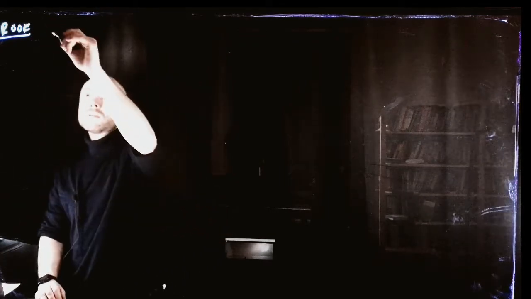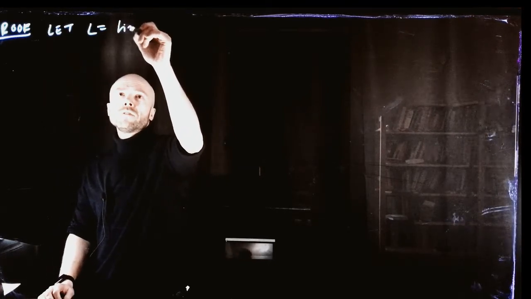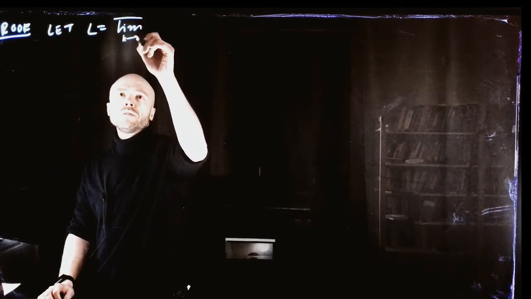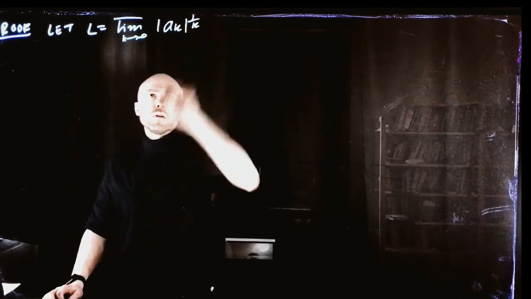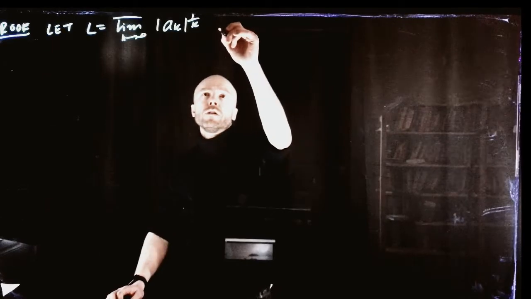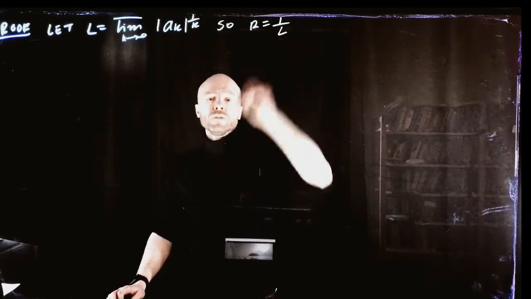So let's let L be this lim sup as k tends to infinity of the kth root of mod a_k. So R is equal to 1 over L, yeah?